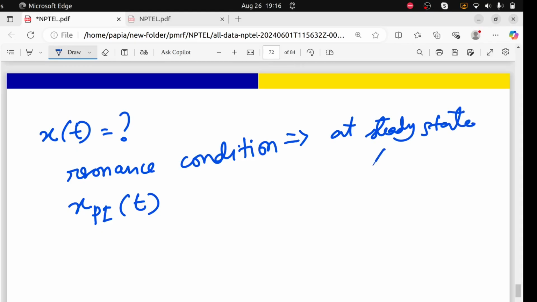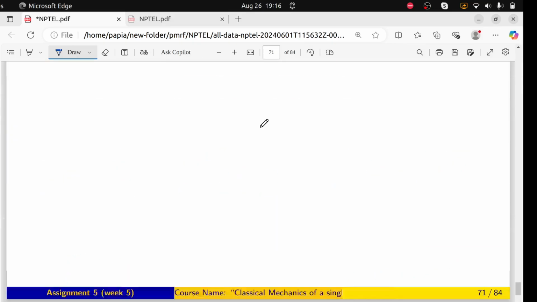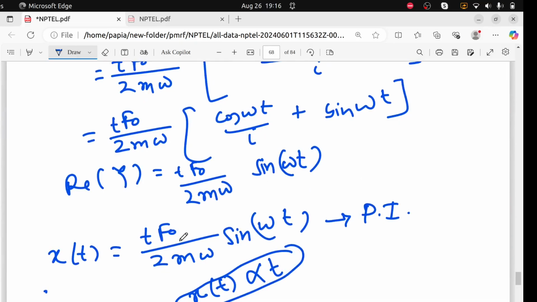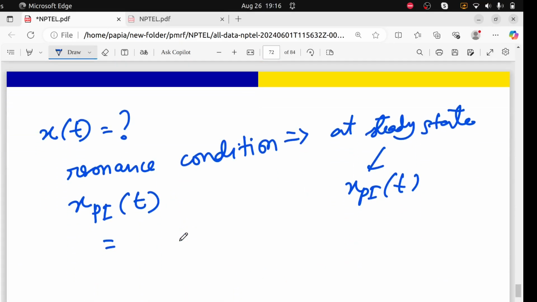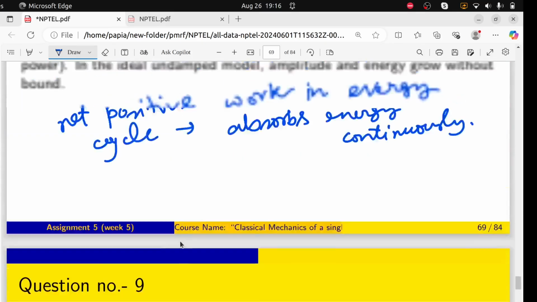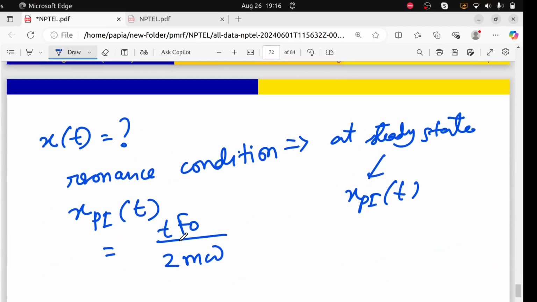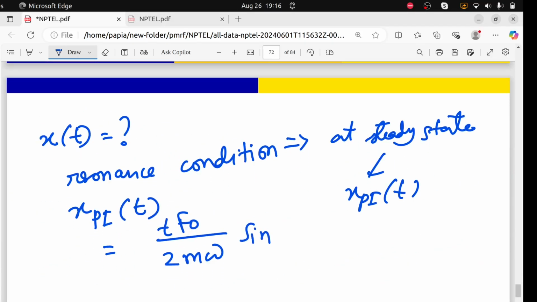Steady state means we will just take the x particular case. For this case, as we have already calculated in the last question, it is t F0 by 2m omega, sine(omega t plus beta).